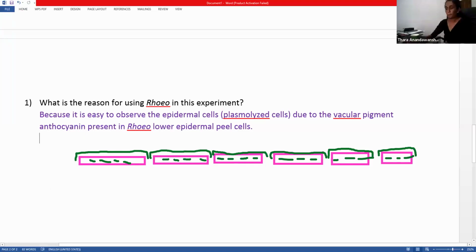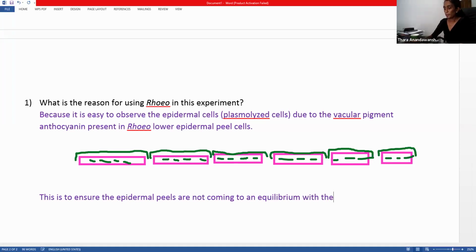This is to ensure the epidermal peels are not coming to an equilibrium with the environment, the air or the environment. Right? Okay.